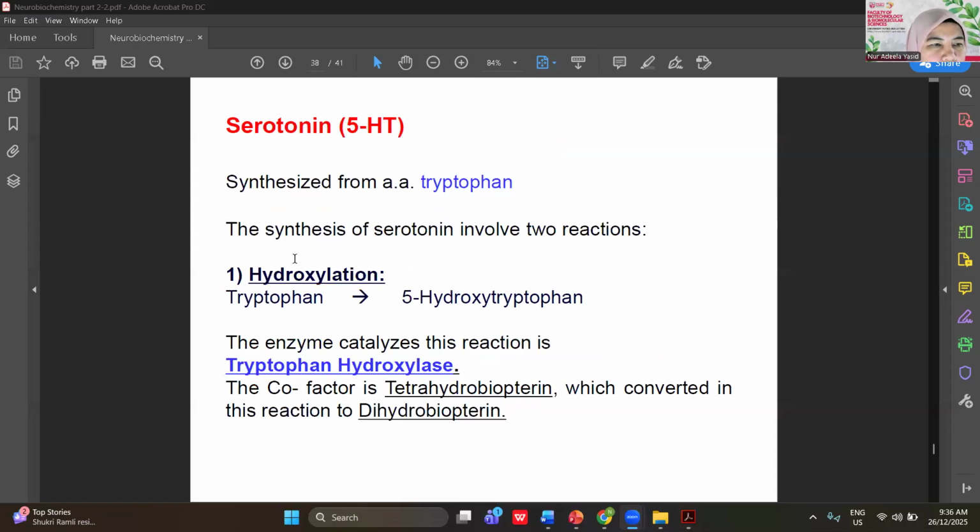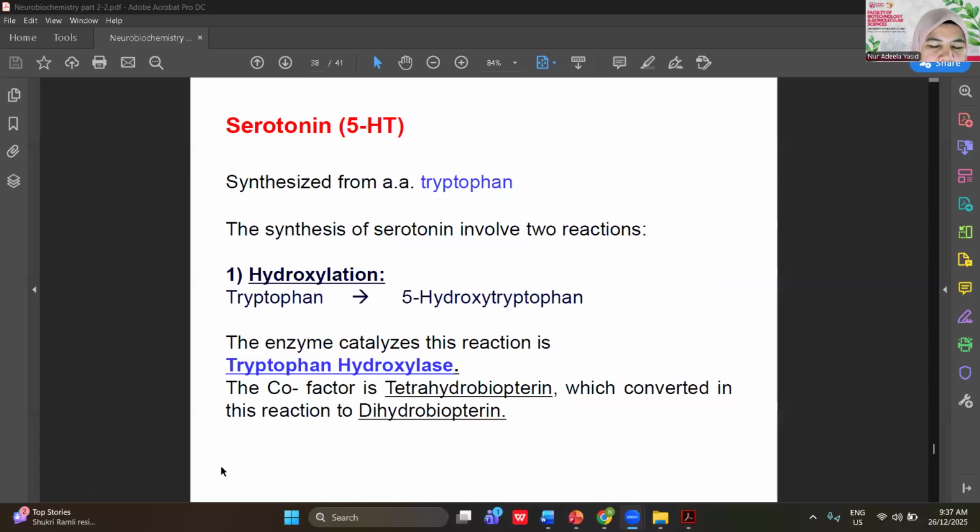So a bit on serotonin. It can be synthesized from tryptophan, another amino acid. The synthesis of serotonin involves two reactions. The first is hydroxylation, where tryptophan is converted to 5-hydroxytryptophan by the enzyme tryptophan hydroxylase, which requires the cofactor tetrahydrobiopterin, converted into dihydrobiopterin during the reaction.